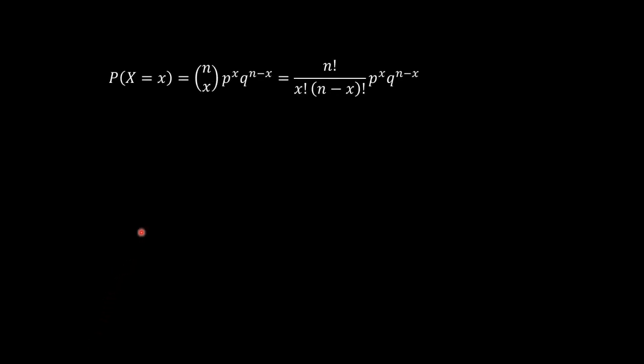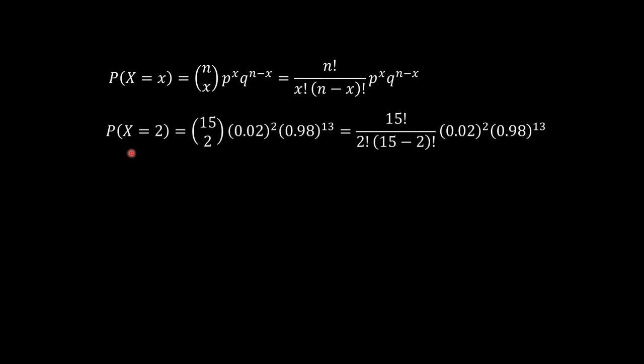Let us write the formula. In the formula, substitute 15 for n, 2 for x, 0.02 for p, 0.98 for q.